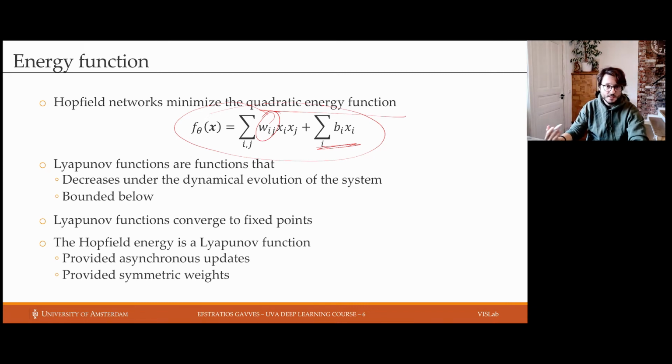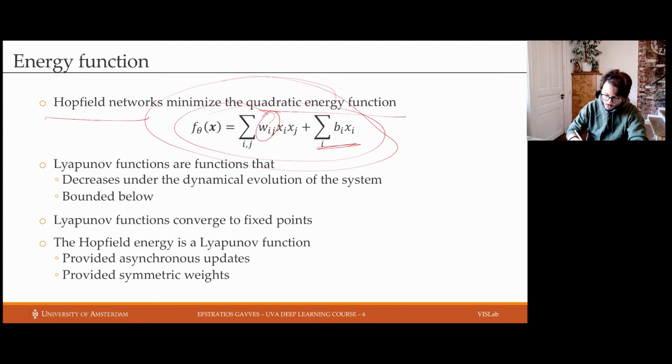Now, what is interesting is that it can be shown that Hopfield networks are actually Lyapunov functions. And what are Lyapunov functions? They are functions that converge to fixed points. And why are we interested in that? We are interested in that because, sure, this is what Hopfield networks do, or we defined even the Hebbian associative learning rule, but how can we be sure that the model can even converge?